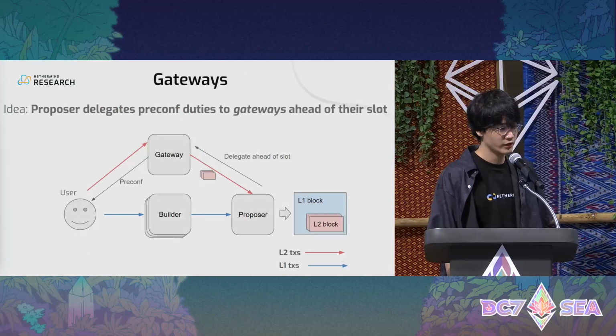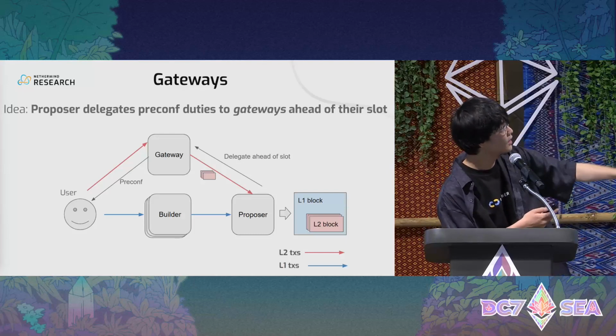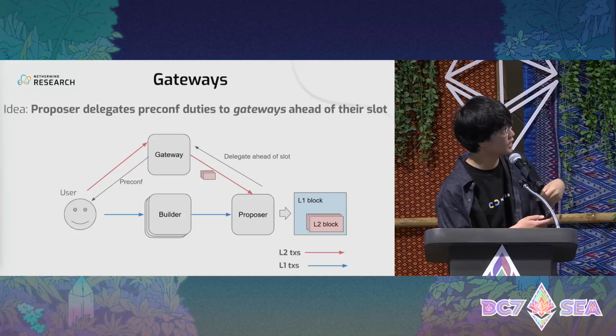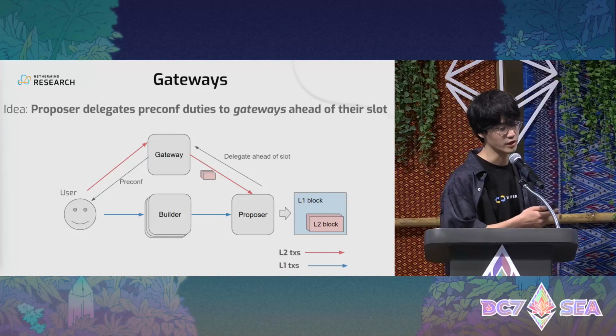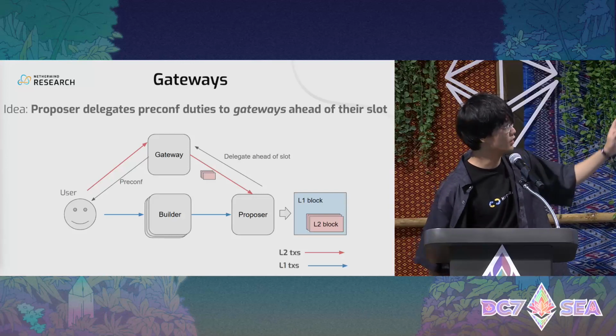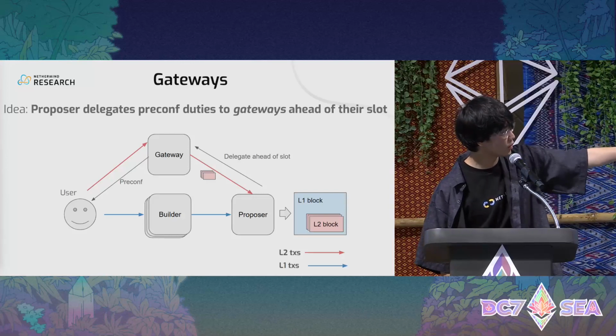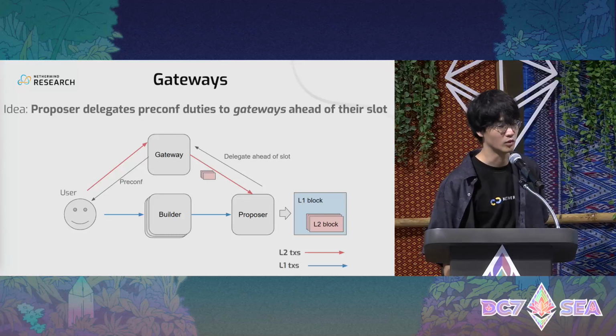The proposer can delegate their preconf duties to gateways ahead of their slot. The proposer can say, hey, this is my gateway, please send your preconf request not to me, but to this gateway. The gateway will be responsible for responding with preconfirmations, and eventually the gateway will sequence the L2 blocks and submit them to the proposer. The proposer will include them in their L1 blocks.